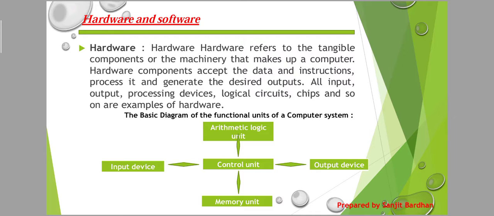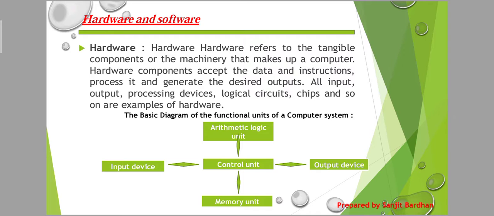Here is the basic design of functional units of a computer: input device, arithmetic logical unit, control unit, memory unit and output device. First of all, when we give some instruction to the computer by input device, the computer takes the instruction and the control unit passes the instruction to the arithmetical logical unit.